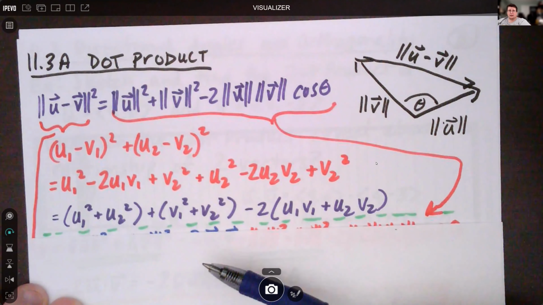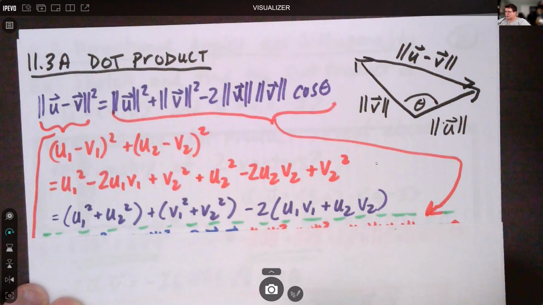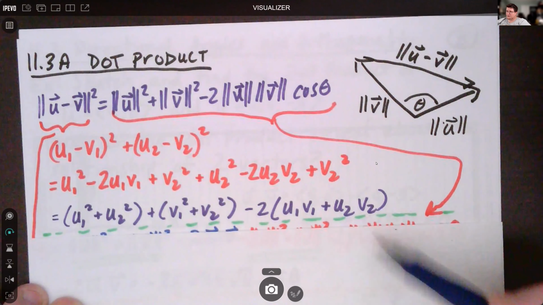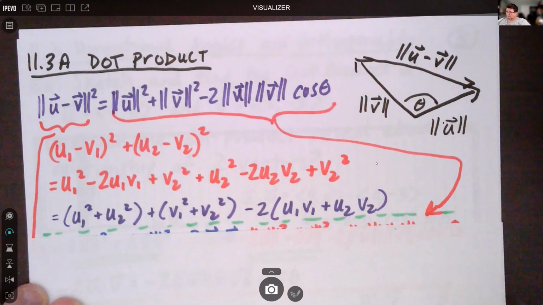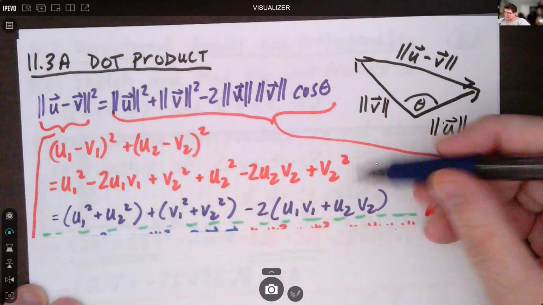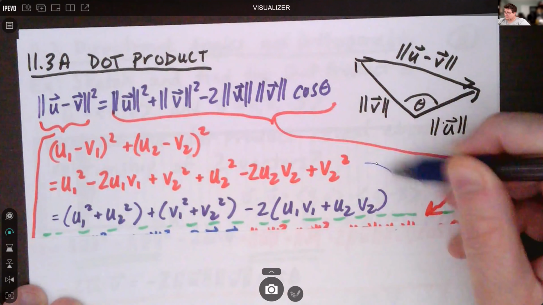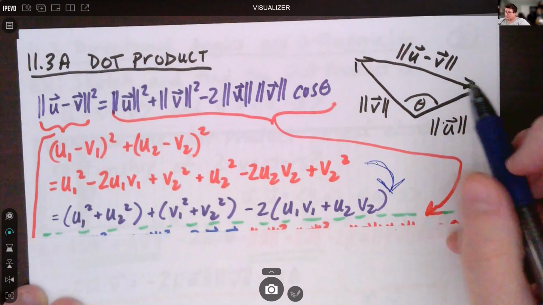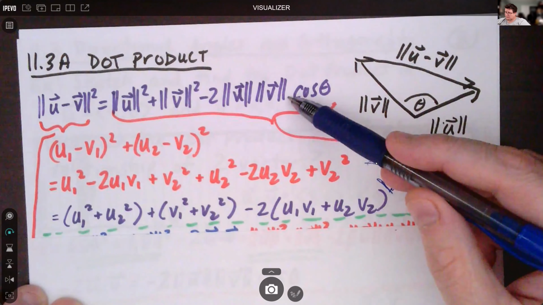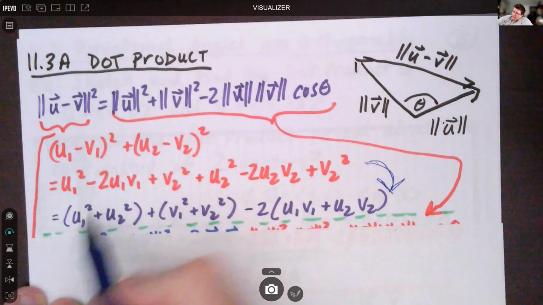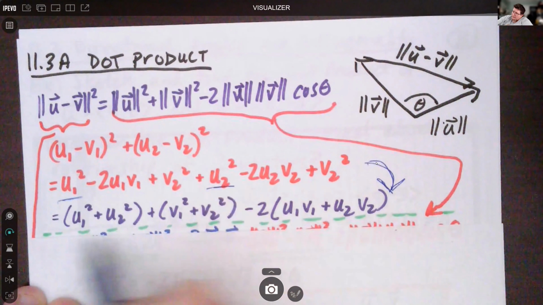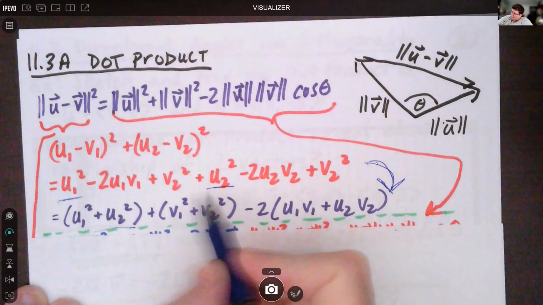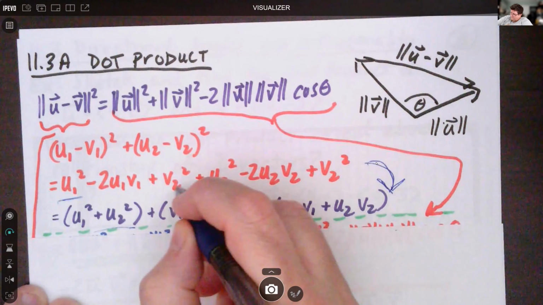And then I've got minus 2 times u1 v1 plus u2 v2. I'm sorry, that's just me regrouping this line right here. But it is similar. If we do that right side, so I've got u1, u2, that's here. That should say v1.